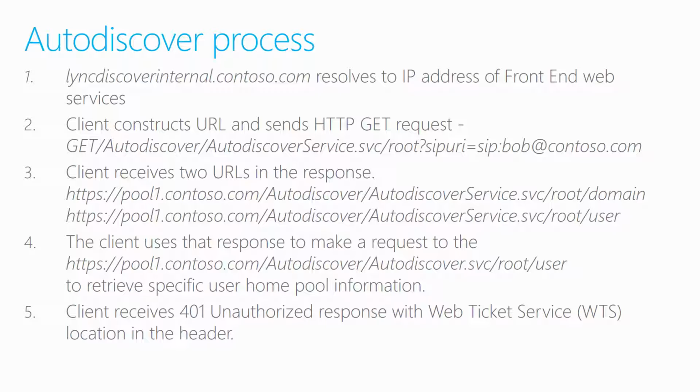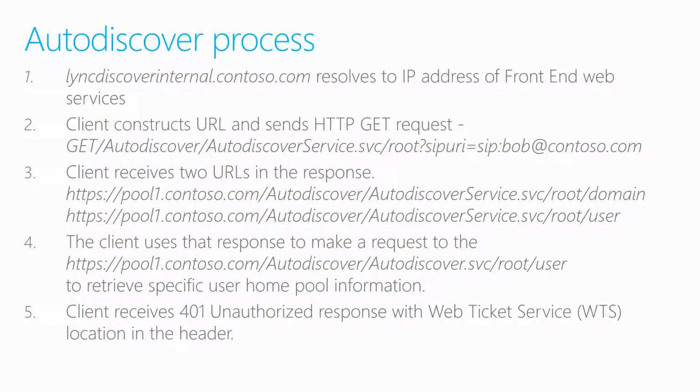The first step is that we resolve lyncdiscoverinternal.contoso.com to the IP address of the front-end web service. If we would have here an external user signing in against the server, then lyncdiscoverinternal.contoso.com would obviously not resolve. It would be lyncdiscover.contoso.com and it would point to the reverse proxy.